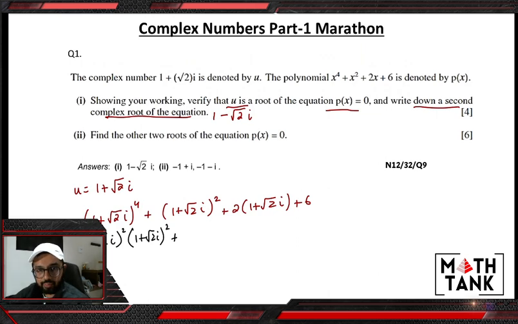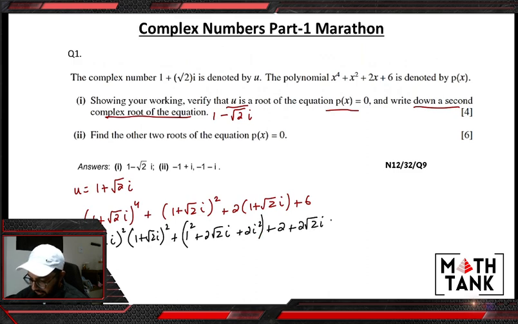Squaring is simple: use a squared plus 2ab plus b squared, and that should give you the right answer. 1 squared plus 2 root 2i plus (root 2i) squared. Root 2i squared is 2i squared, and that's an important conclusion that we will have from here. Just let me write that down.